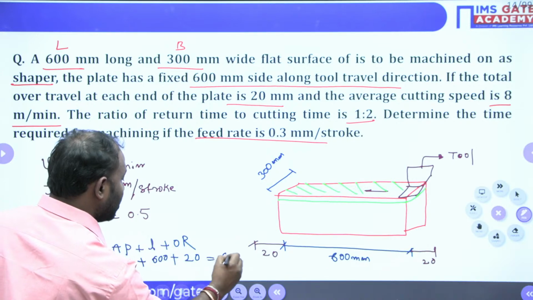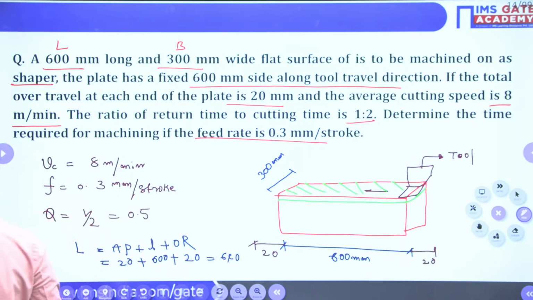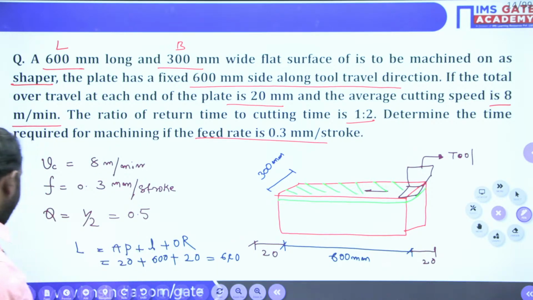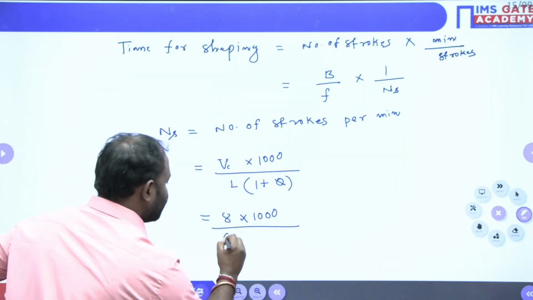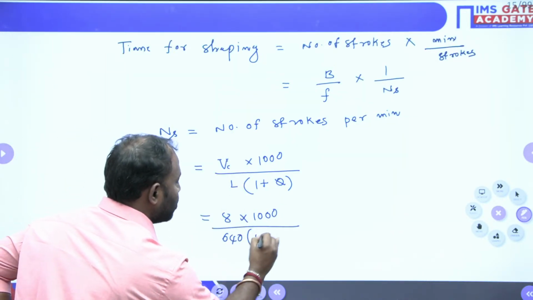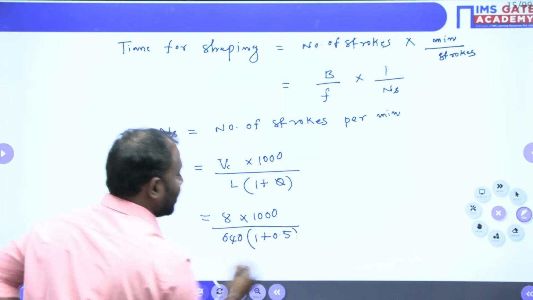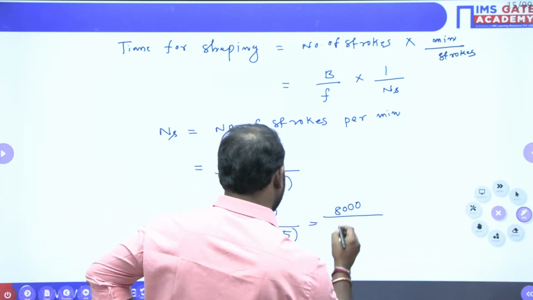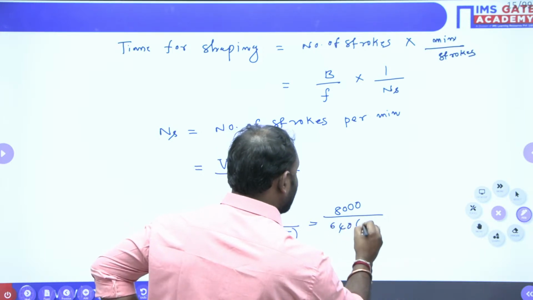So it is going to be 640. Now with the length 640 and the quick return ratio, 1 plus 0.5, it is 8000 divided by 640 into 1.5.